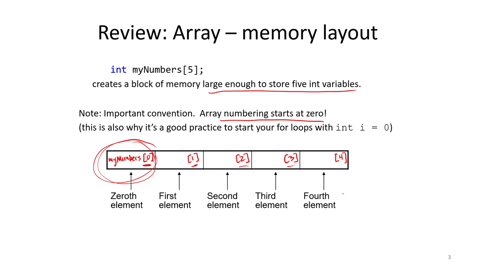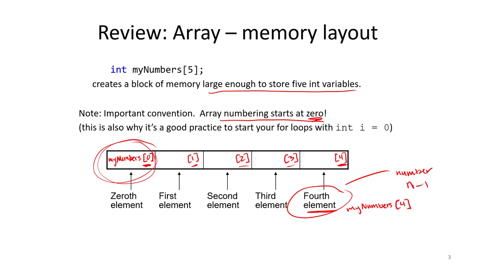And our very last element in our array will actually be number n-1. So in this case, myNumbers5, the very last element will actually be myNumbers element 4. And that is because since our numbering starts at 0, our very first element is numbered 0.